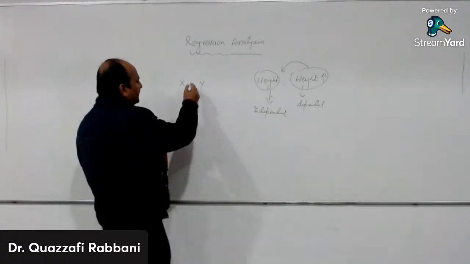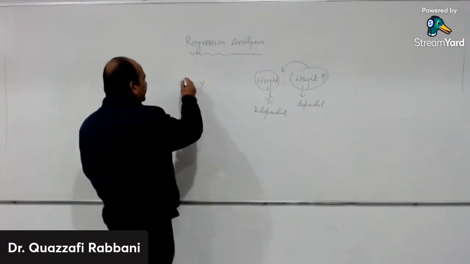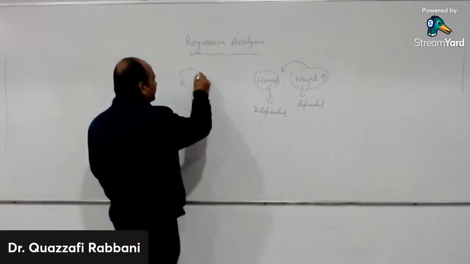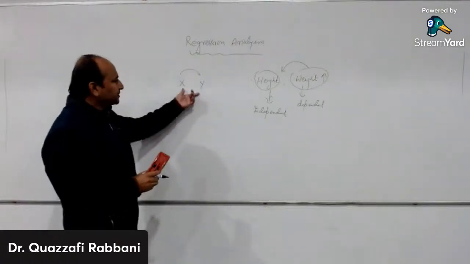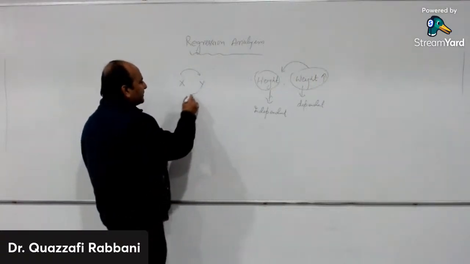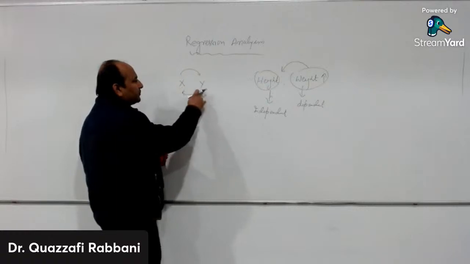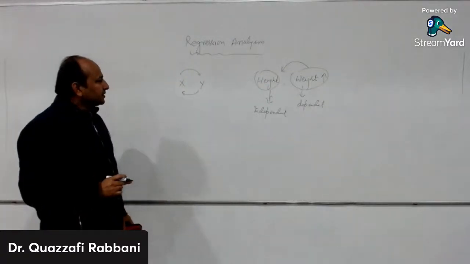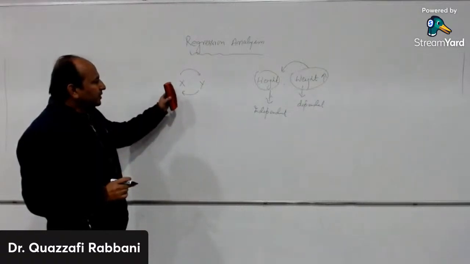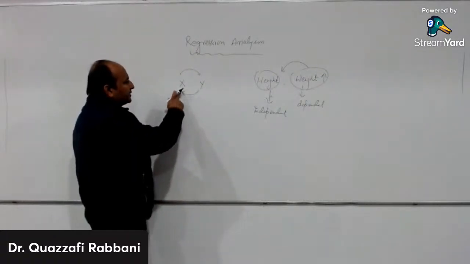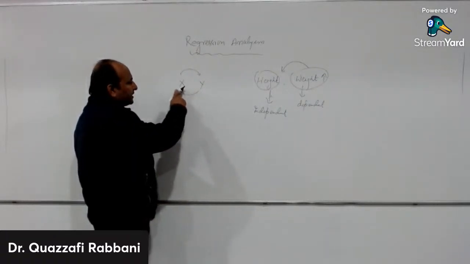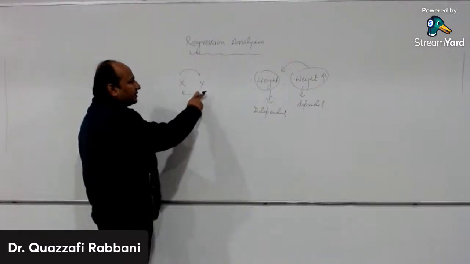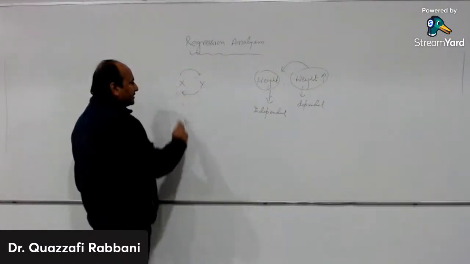There are possibilities that either x depends on y or y depends on x, because these two variables x and y are linearly correlated. So here are the two possibilities: either x depends on y or y depends on x.